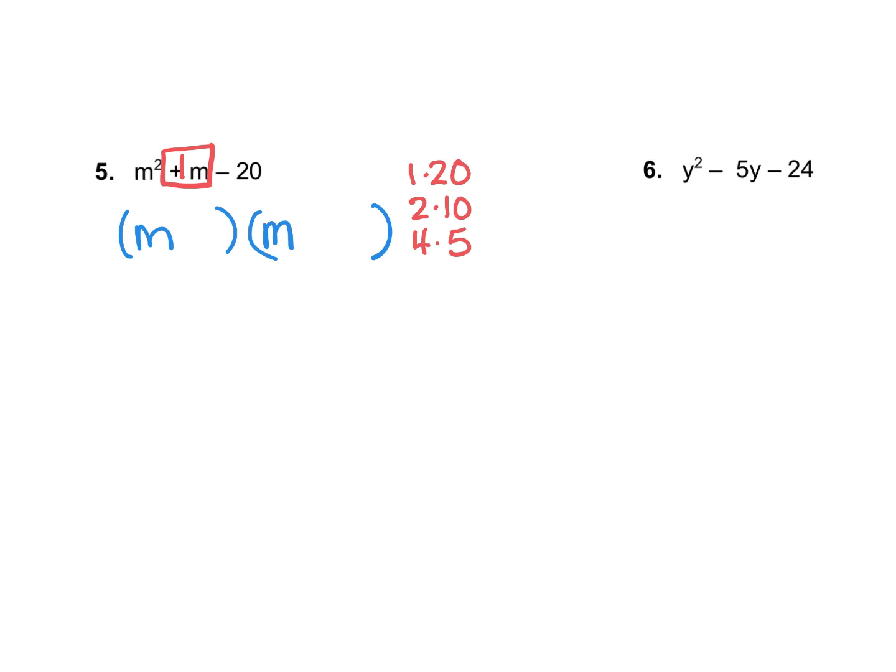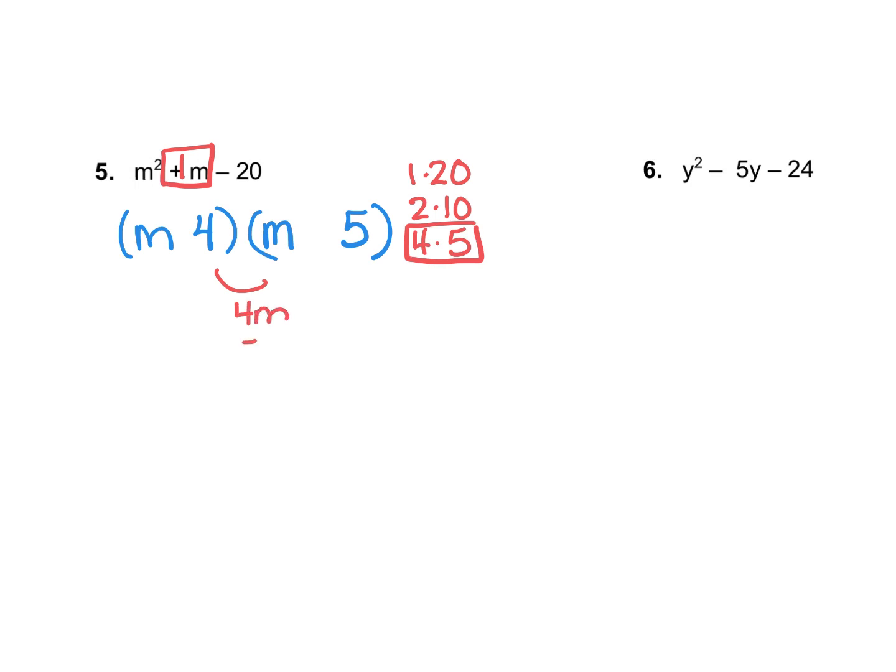And so let's take a look at putting them together. If I were to subtract them, I could make a 1. So if I have my 4 and my 5, 5 minus 4 is going to be equal to 1. So let's go ahead and put a 4 and a 5. Now we have to determine which one's going to be negative and which one's going to be positive.